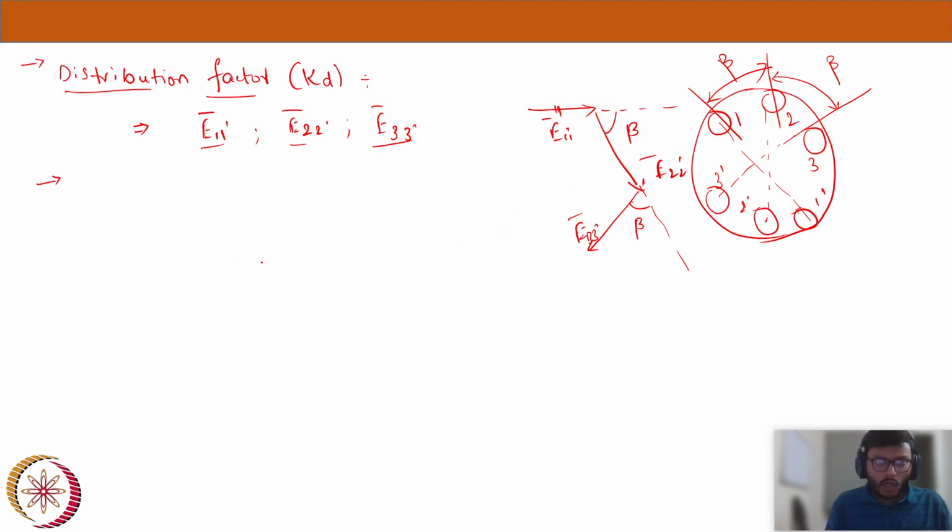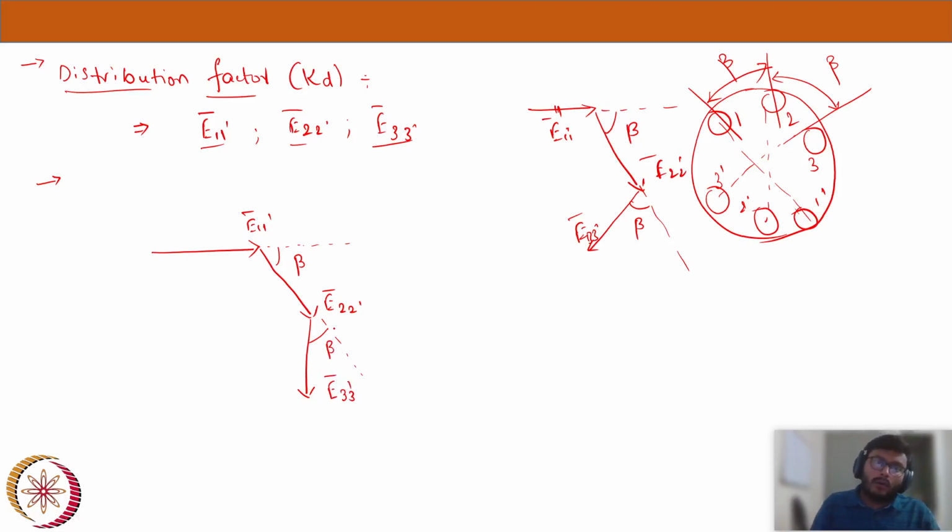Now, let's draw it in a clear manner here. Okay, this is E11 dash. So this is the axis of that E11 dash, and with the displacement of beta, you will have E22 dash, and with the displacement of this angle, and this is again beta, you will have E33 dash.